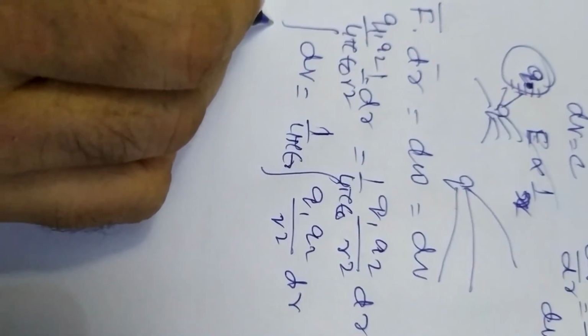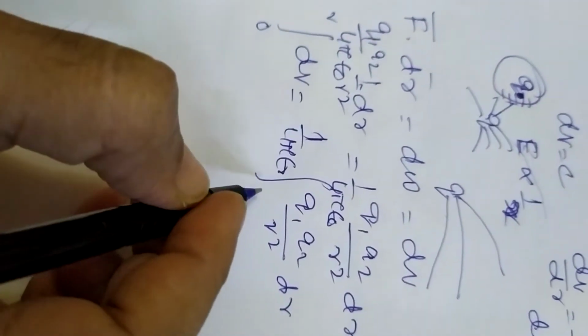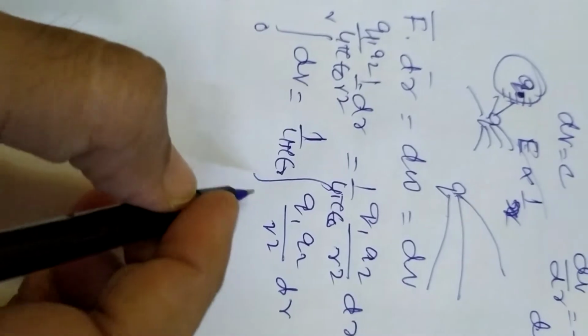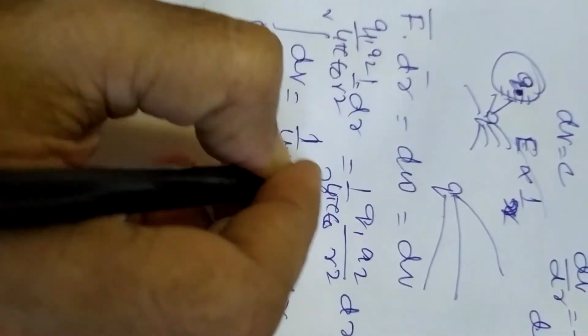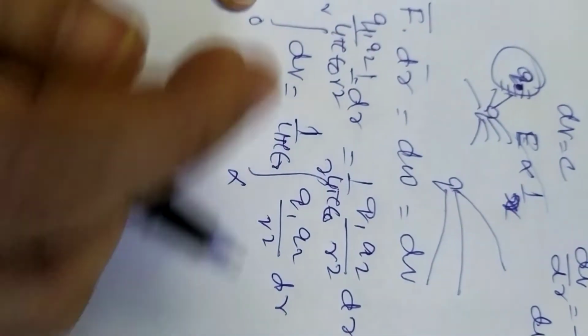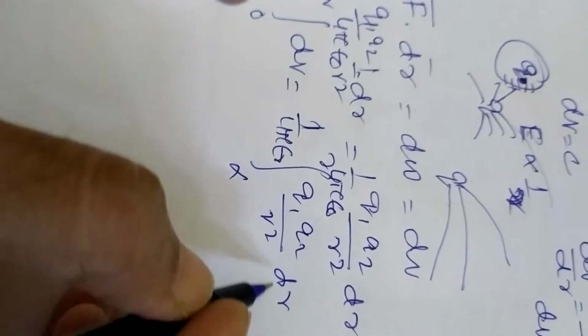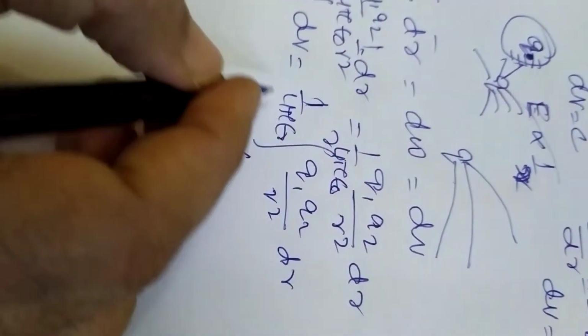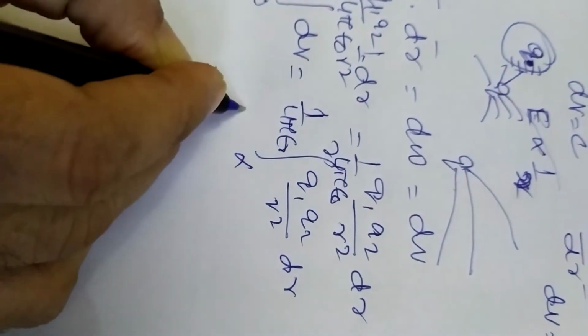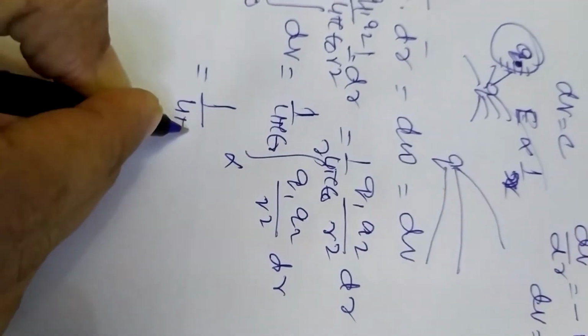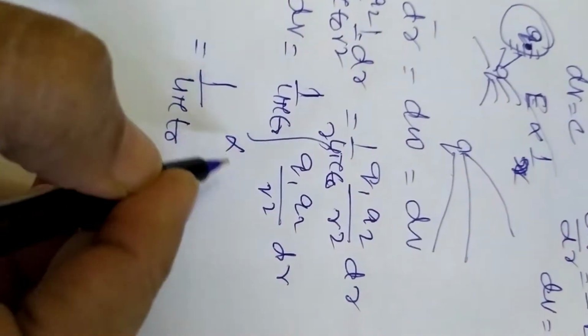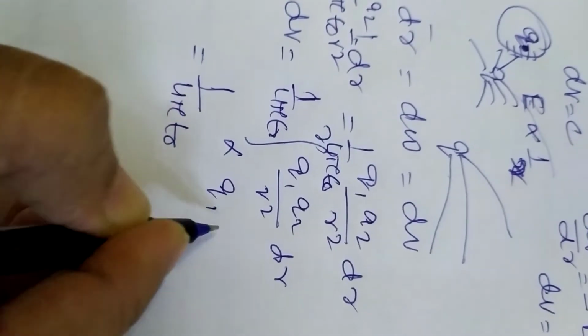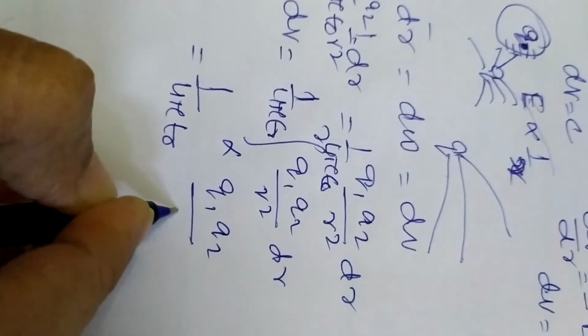This integration is from 0 to V, and this integration is from infinity to r, because at infinity the potential is 0. Clear? So at a large distance, we write 1 by 4 pi epsilon and integrate these things, and we get Q1 Q2 by r.